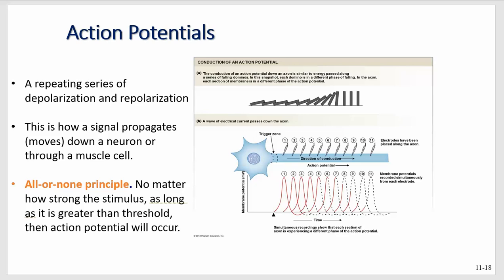We've managed to get our signal down to this trigger zone, this axon hillock. We've had enough depolarization from the ligand-gated channels to let the sodium in to depolarize it. And now we get into that trigger zone, and we open up some of these voltage-gated channels, which is going to cause sodium to rush in.